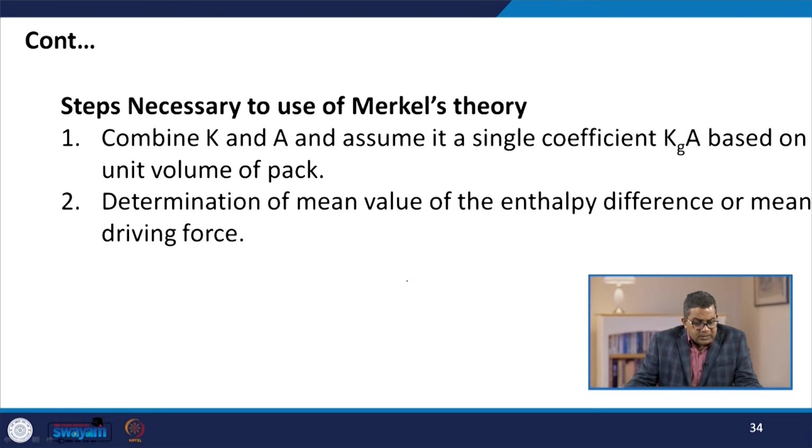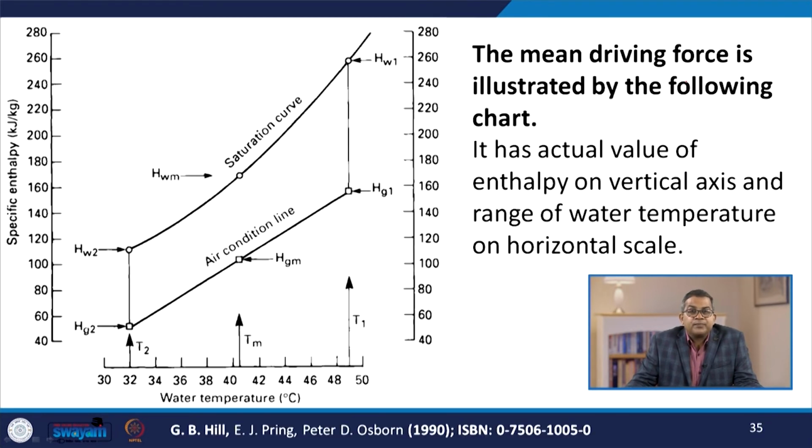Now, there are various steps which are necessary if you use Merkel's theory. You need to combine K and A and assume a single coefficient Kga, that is based on the unit volume of pack. Then comes determination of a mean value of the enthalpy difference, or mean driving force.